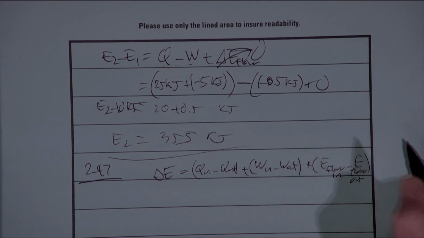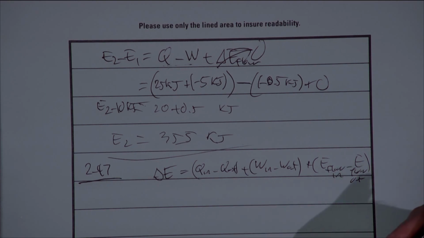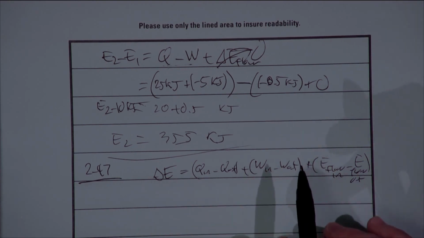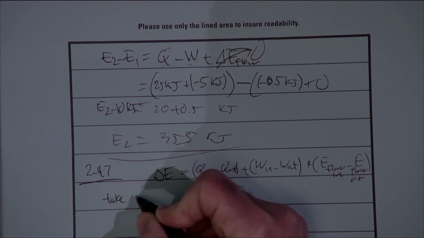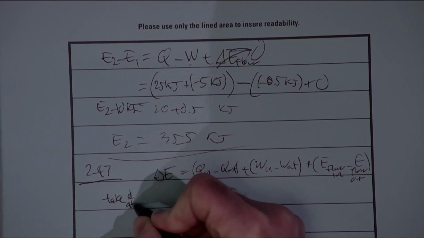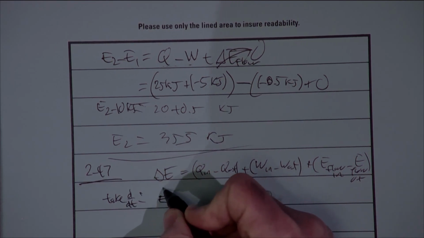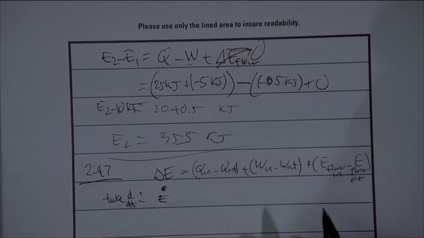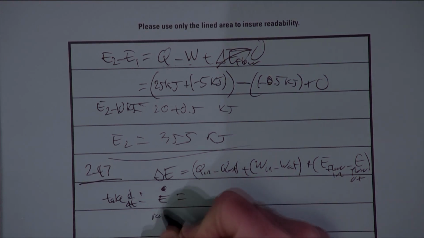So that basic equation doesn't change. However, what we really want to do is look at this as a rate equation. Why not? Why don't we just take the time derivative of the whole thing? So if we do that, then basically we're going to get E dot, in other words, the rate change of the energy of the system.